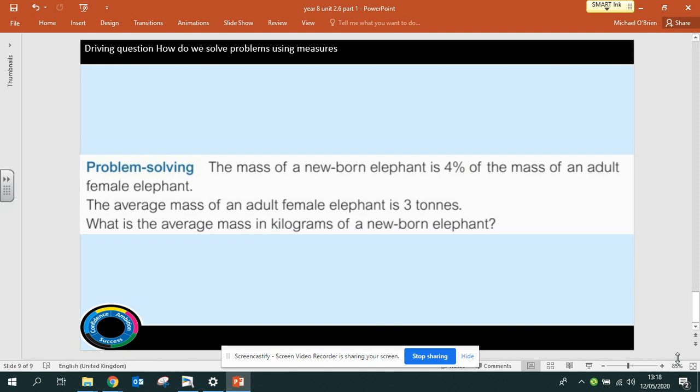My best advice is to think very carefully of the unit to work this out in. Think about which would be the unit to find 4% easier. Is it easier to make it of 3 tons, or is it easier to make it of the equivalent in kilograms? And then work it out from there. Okay, when you're ready, stop the tape, and we'll get ready to carry on.